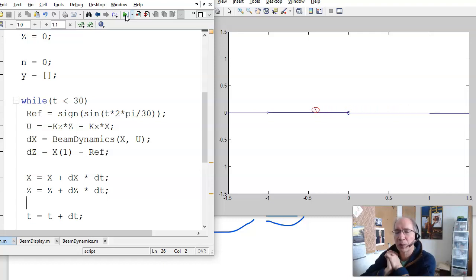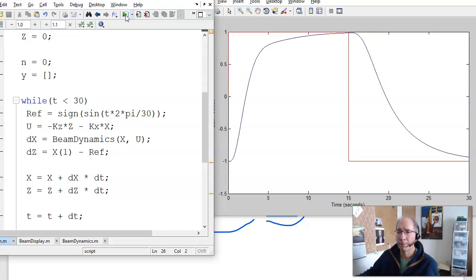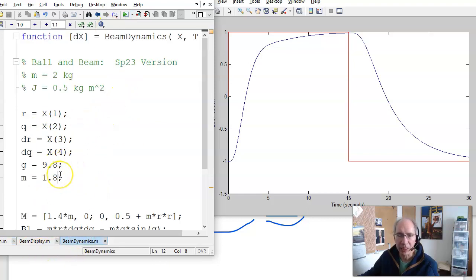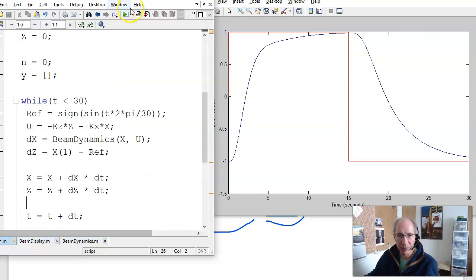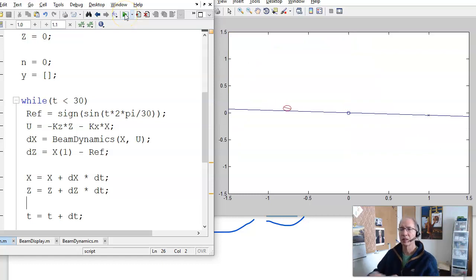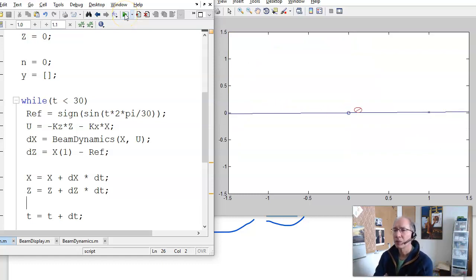So that works if the ball is a little bit too light, by 0.2 kilograms. It also works if the ball is too heavy. So let's try the other way. This wasn't asked for, but just for fun. If the ball is too heavy, now the integrator knows I have too much torque.